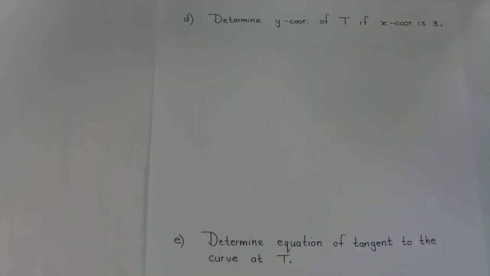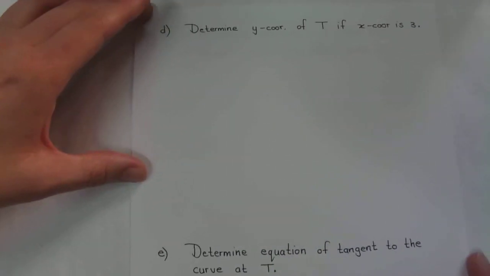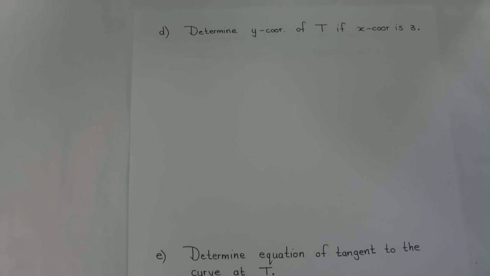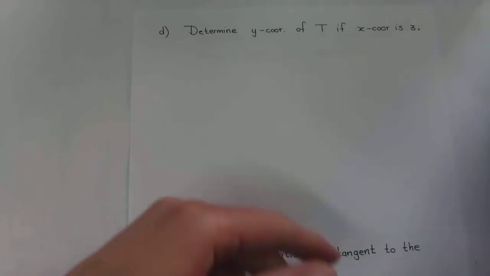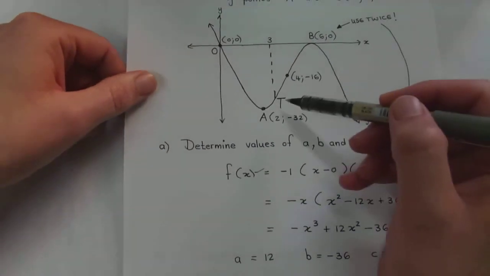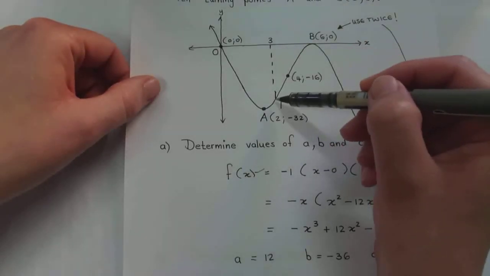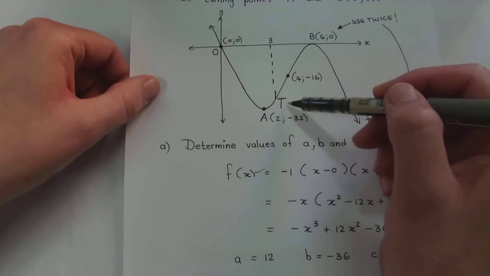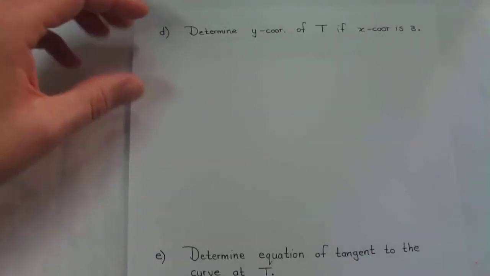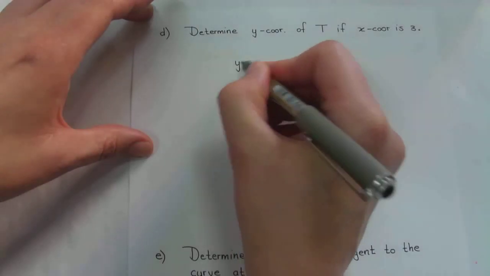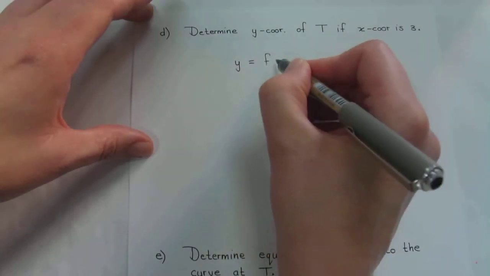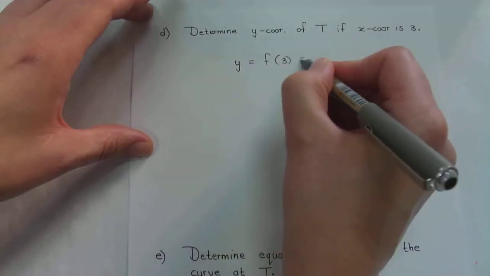Okay, so the next question, D, determine the y-coordinate of T if the x-coordinate is 3. So they're referring to this point there, which is a point on the graph, and they've given you the x-coordinate, which is 3. So I'm just trying to work out a y-coordinate, and please, people, remember, to get y-coordinates, we always substitute into the original equation, so into f. I need to substitute 3 in there.